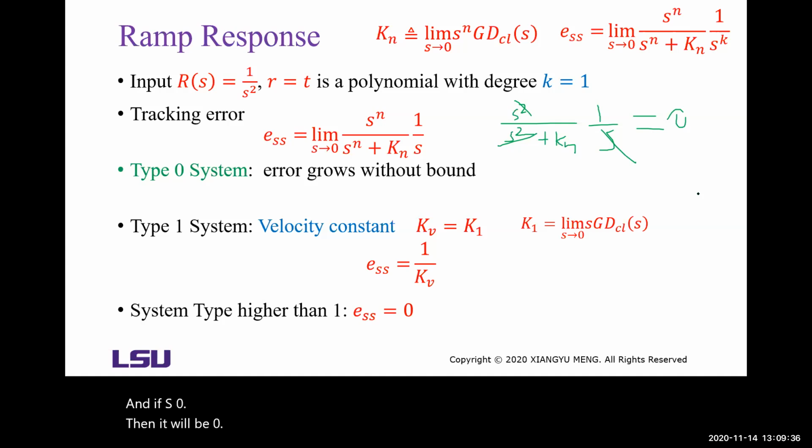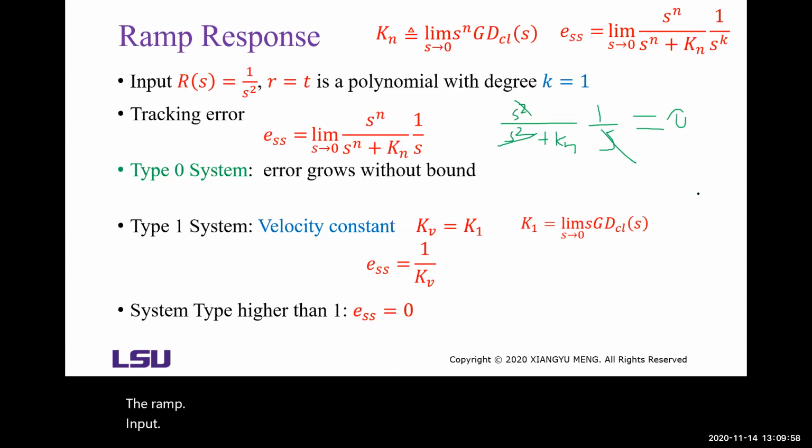Then we can summarize the result here. If the reference input is a ramp signal, then the type 0 system cannot track the ramp input.